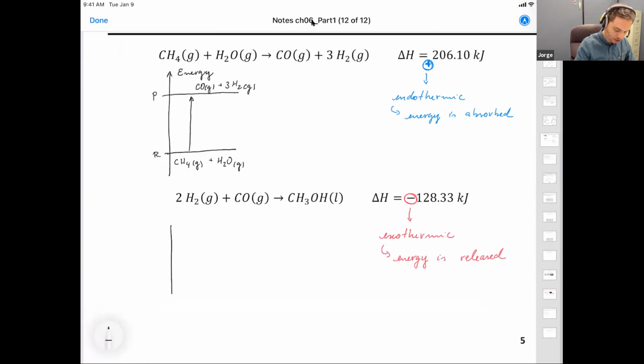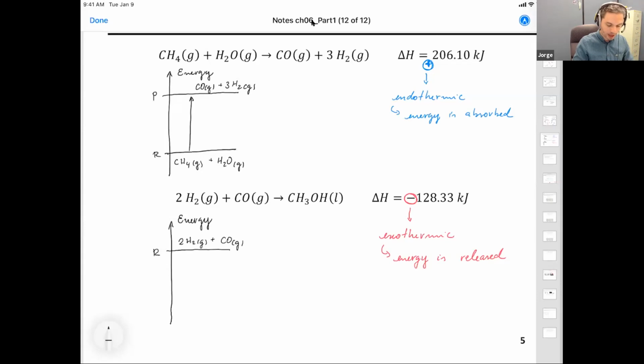Again, energy diagram is a graph where the y-axis is labeled as energy, and we are going to represent products and reagents by horizontal lines. Let's start with the reagents right here. It doesn't matter the position. Remember to write all the reagents and the physical state.